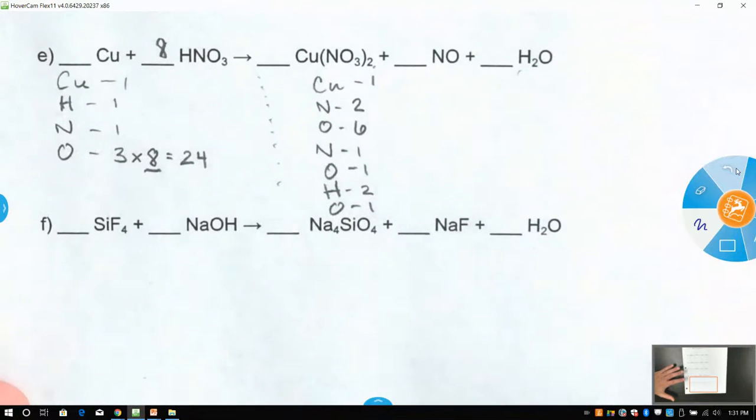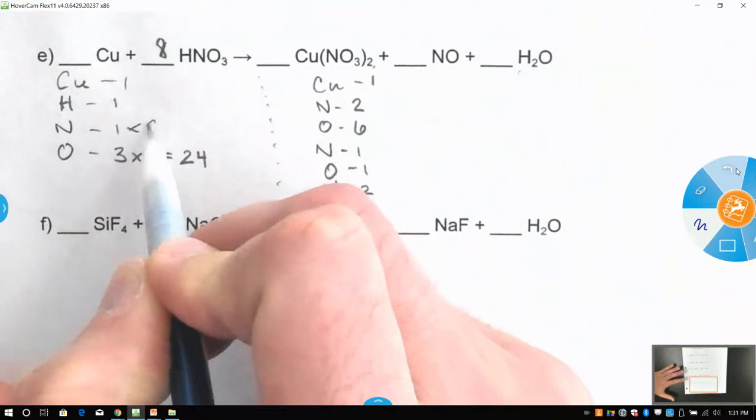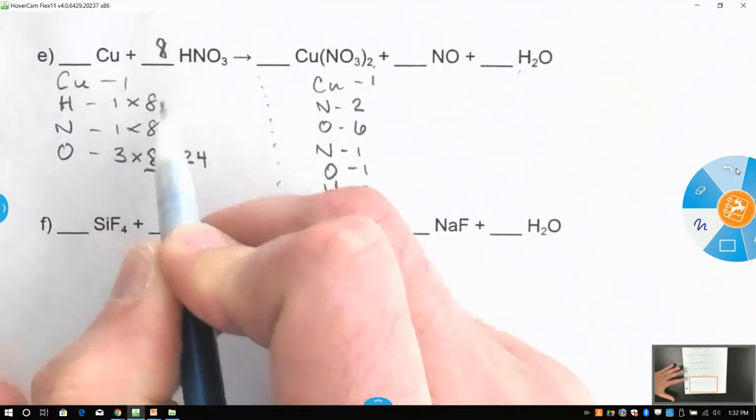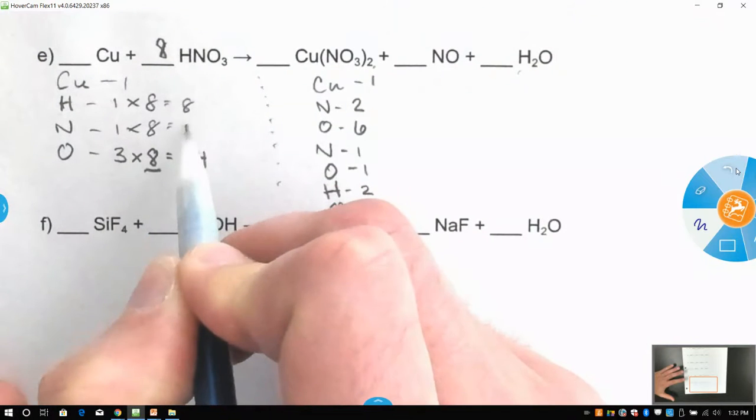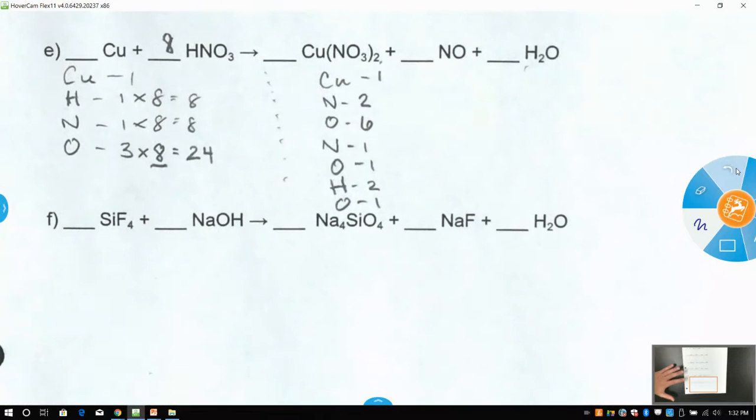And then what happens to the hydrogen and the nitrogen? They both also get multiplied by 8. Okay. So now, what I would probably do next would be to balance the hydrogen.